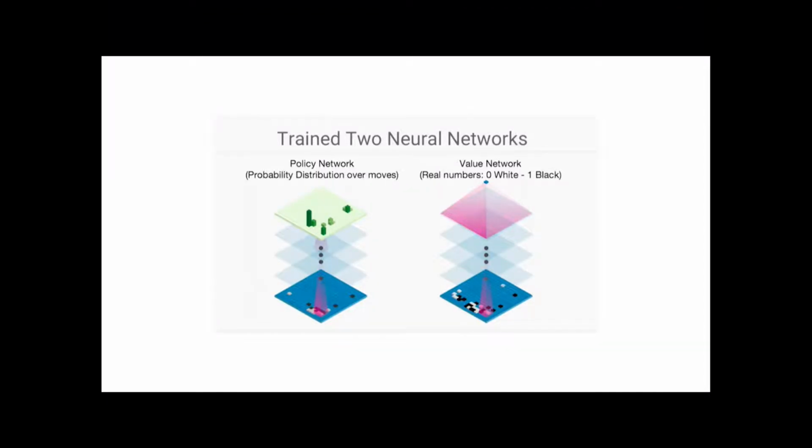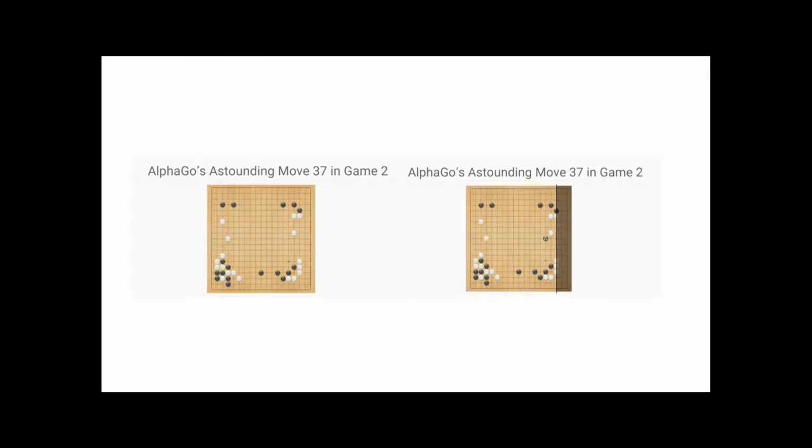There are 2 neural networks involved. One, the policy network, which looks at the likelihood of a move that should occur at this time, and a value network which calculates the probability of this particular move leading to a win. And these 2 networks are combined and perform the AlphaGo game.